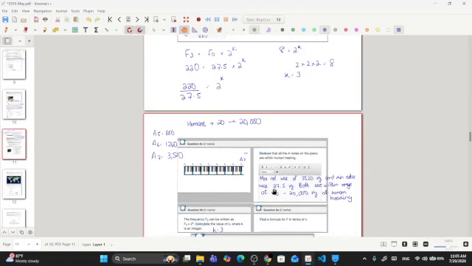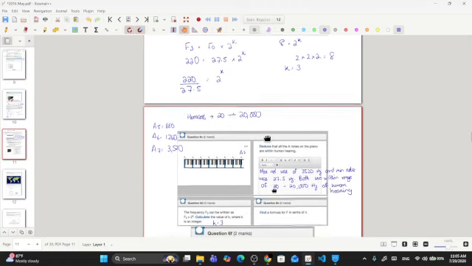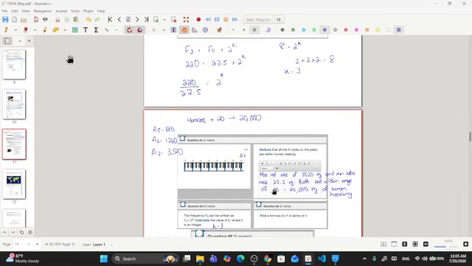Find a formula for f in terms of n. Okay, so the formula for a geometric sequence is given by a multiplied by r raised to the power of n.